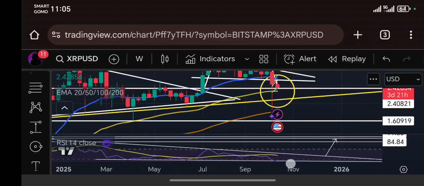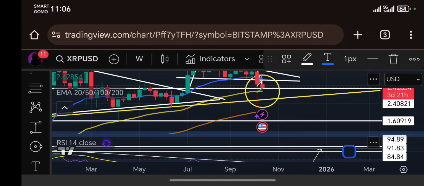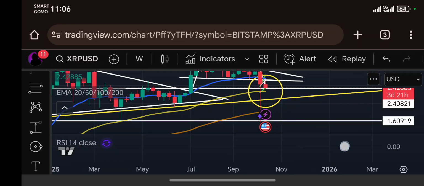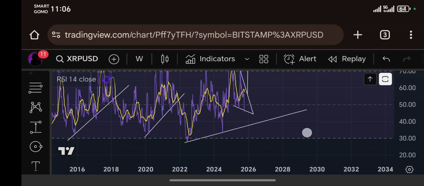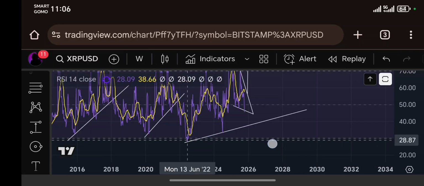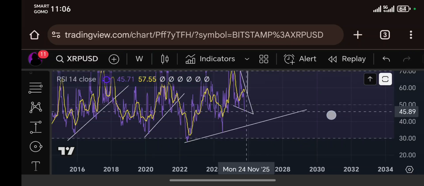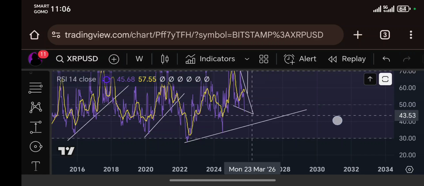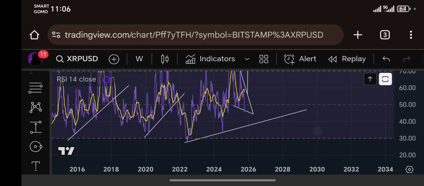And last thing, look at the RSI here. Look at your RSI. Right now we are still in an uptrend since May 2022. Your RSI bouncing here July 2024, and now I'm expecting XRP to go down here and then bounce up.